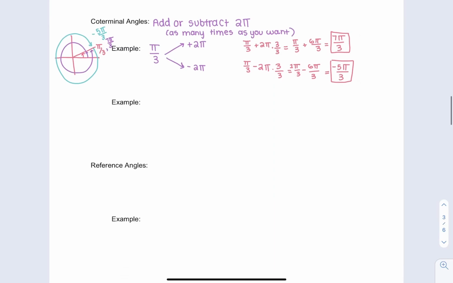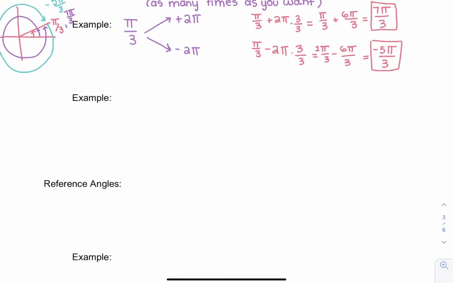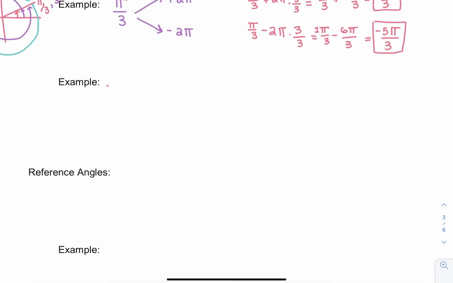Now, let's try a different example. So maybe I have something like negative 5 pi over 6. And I want to know, can you name a coterminal angle? All you got to do is either add 2 pi or subtract 2 pi. But when we do this, we want to make sure we have a common denominator.